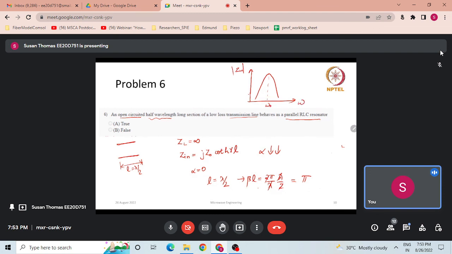At resonance, you get the maximum impedance, that is R. If at resonance you have the maximum value of magnitude of impedance, then we can say that it is a parallel RLC. There is a little bit of derivation involved in that. You have already come across that in the video lectures. I am not deriving it here right away, but you all know that yes, it is behaving like a parallel RLC. So this is a true statement.